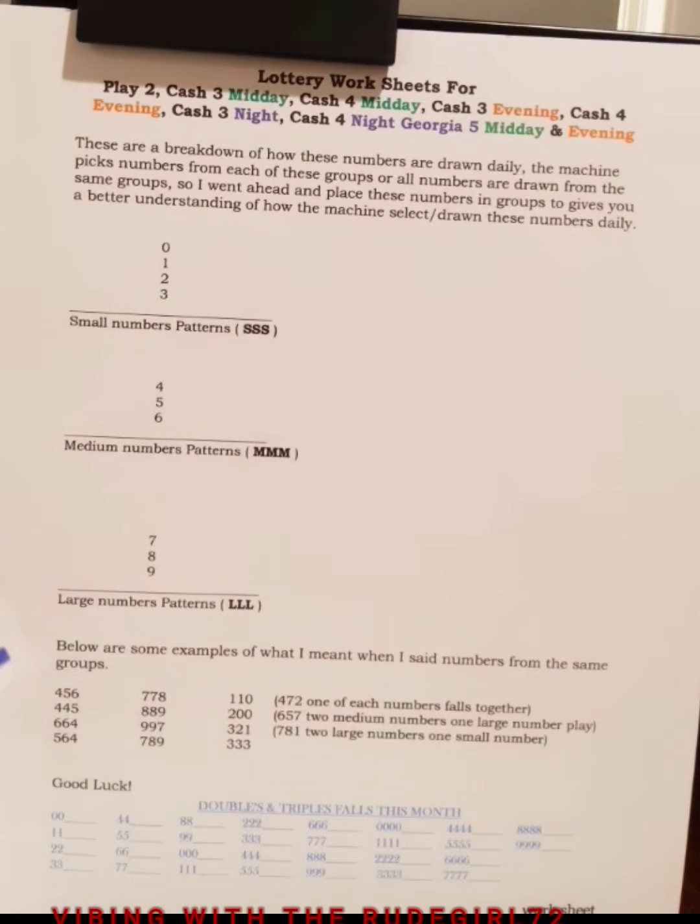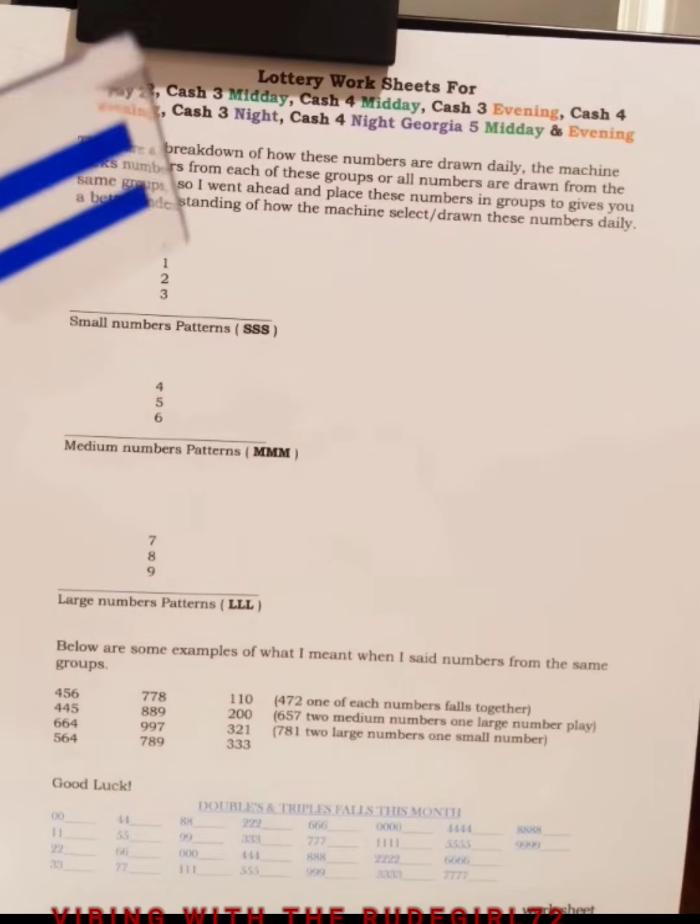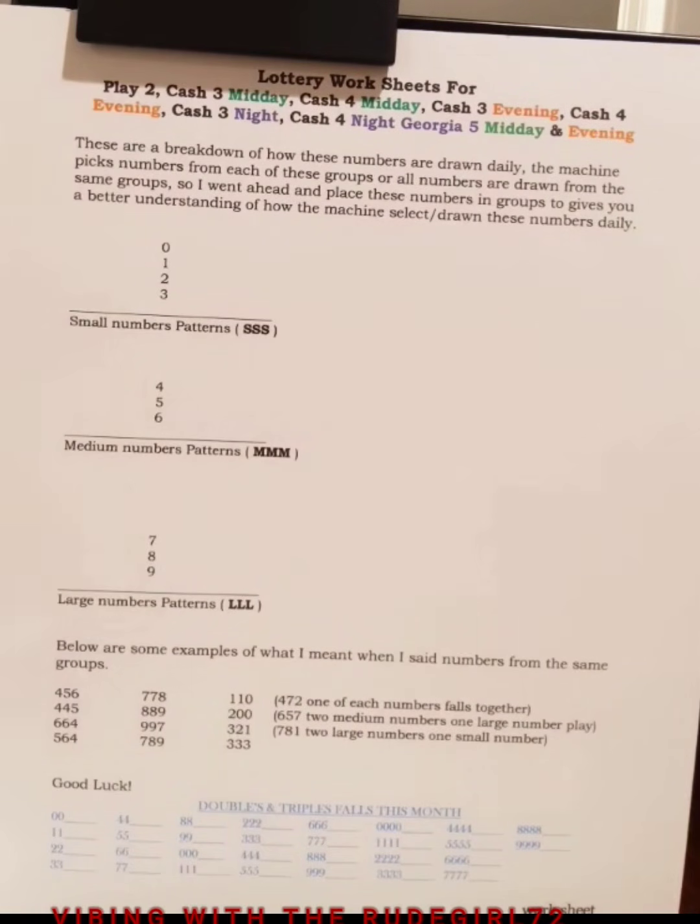Down here below, as you can see, this is an example that I put right here. Coming from these 3 groups, I just went ahead to show you an example of how the machine will select numbers from the same group of numbers. When I say same group of numbers, I mean like all the numbers from the medium.